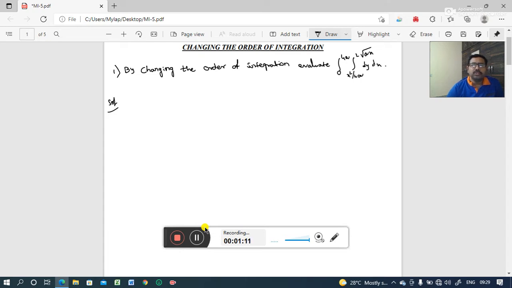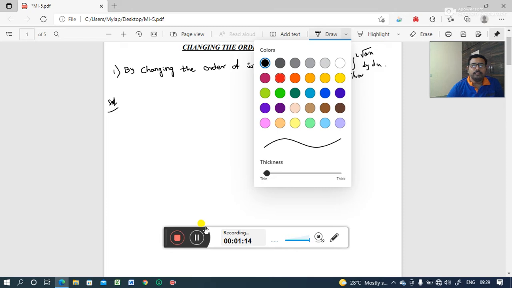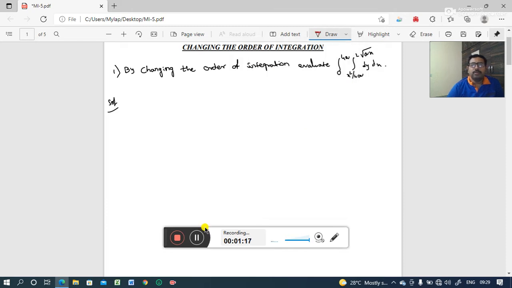If you look at the given problem, suppose I am writing here, given I is equal to integral 0 to 4a, second integral x square by 4a to 2 into square root of ax, dy dx.